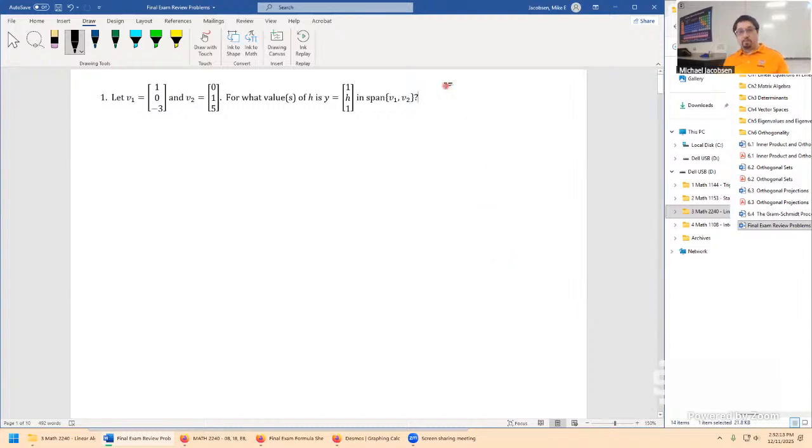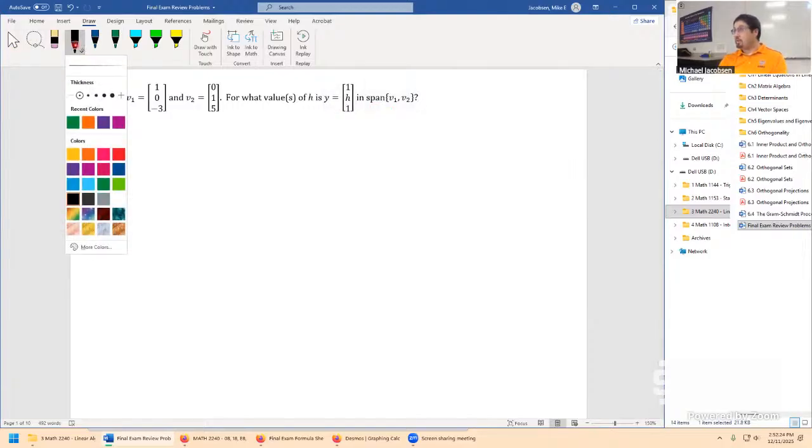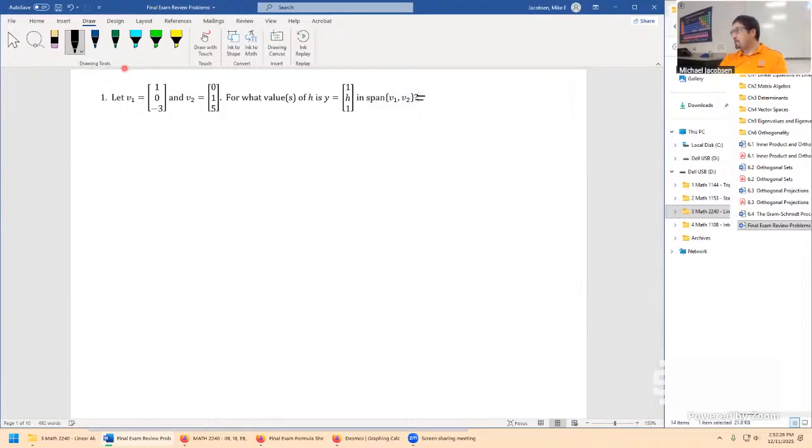So here's a problem from way back in the day. We have two vectors. We want to know for what value of a parameter h is a third vector inside the span of the first two. And a good way to think about this problem is just write out what the span is in the first place. It's a set that goes x1 v1 plus x2 v2.